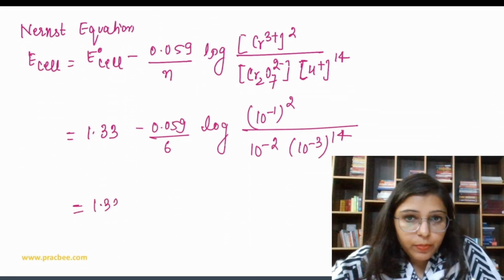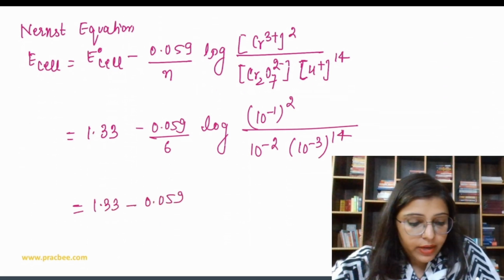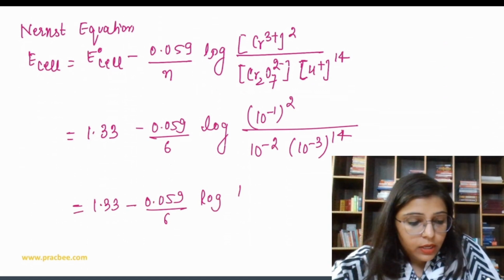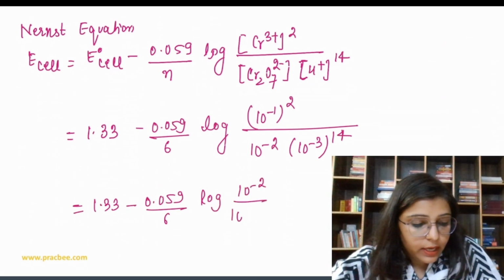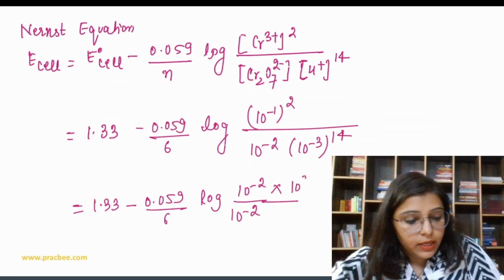On solving, we get 1.33 minus 0.059 upon 6 log, with 10 to the power minus 2 and 10 to the power minus 3 to the power 14 going in the denominator.